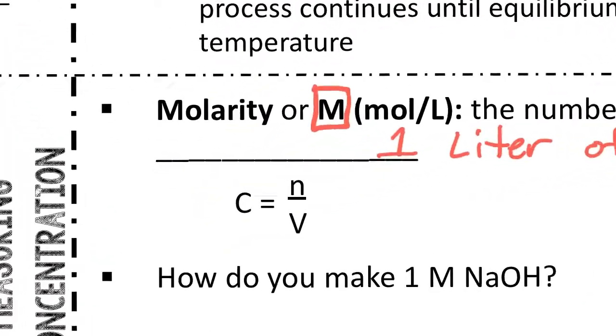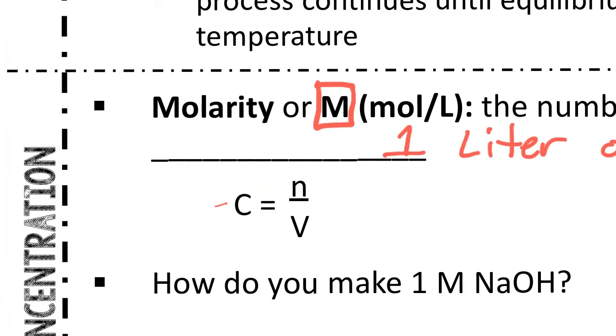So zooming in on this, concentration is usually going to be in moles. n, remember, stands for number of moles. And the V, of course, stands for volume. In the case of molarity, the volume is always going to be 1 liter.